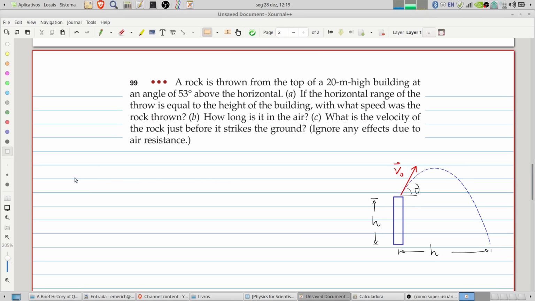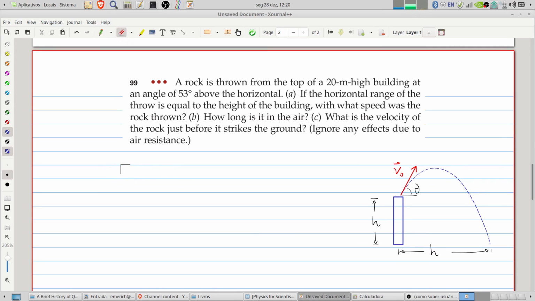First, in the x direction, we have a uniform motion. Therefore, we can write that the displacement in the x direction will be h, the total displacement.